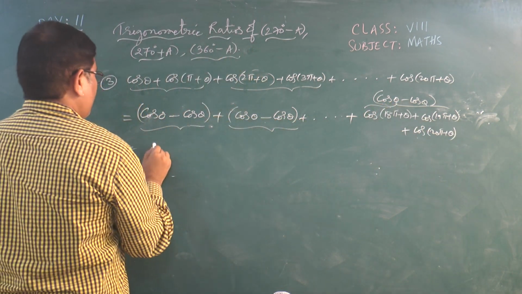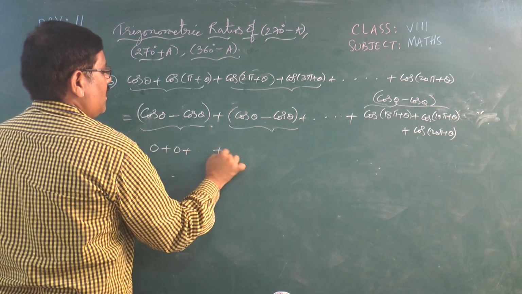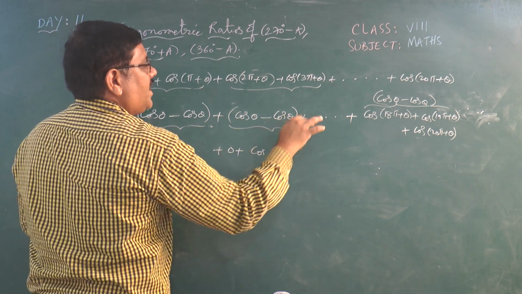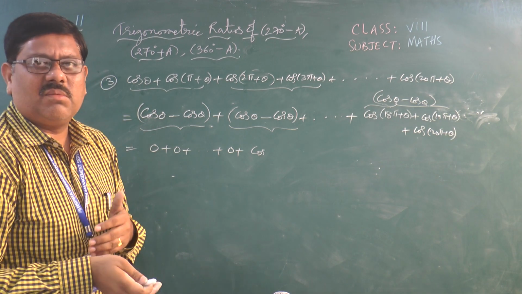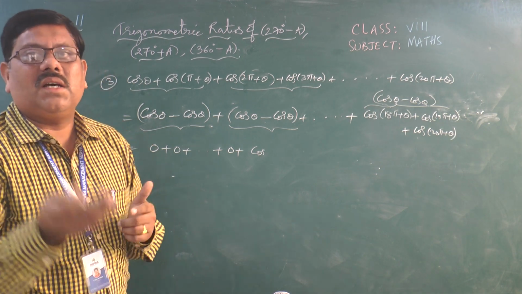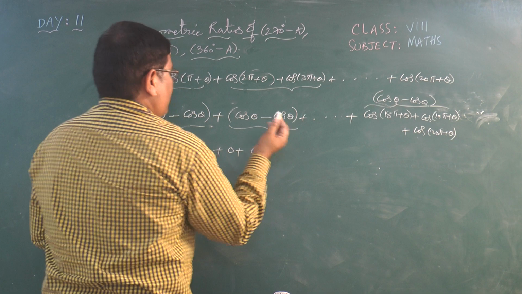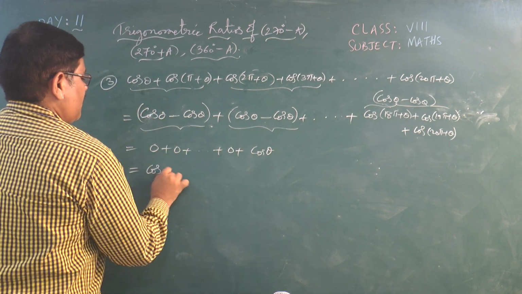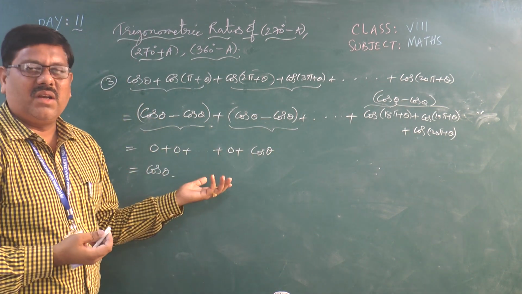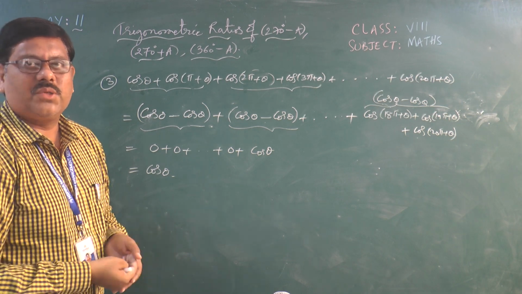We are left with 0 plus and so on plus 0 plus only cos (20 pi plus theta). That is an even multiple of pi plus theta, equivalent to cos theta. So the final answer is cos theta, which can be written as 1 by secant theta, whatever, according to the options.